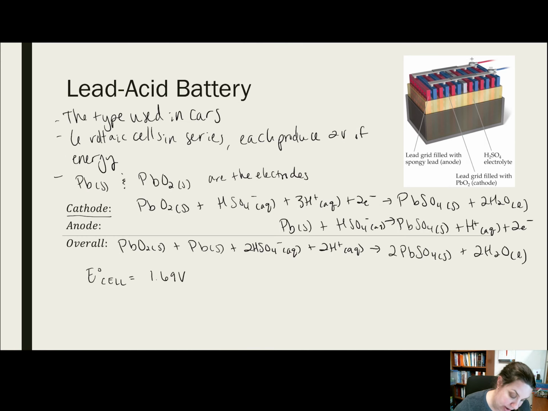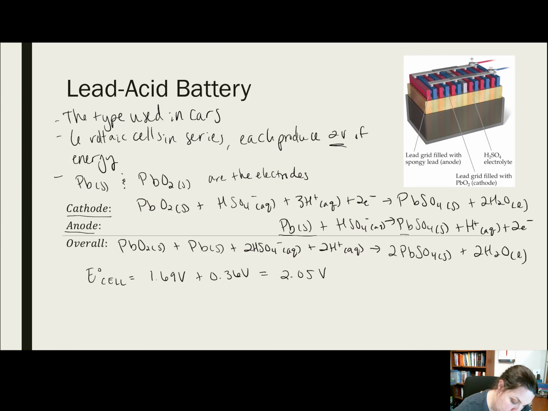Then at our anode, we have solid lead going to lead 2, and that oxidation has a value of 0.36 volts, overall giving us a cell potential of 2.05 volts. That is the 2 volts we see here, and each one of those voltaic cells in series will produce that, so we have 12 volts of energy in a typical lead-acid battery.